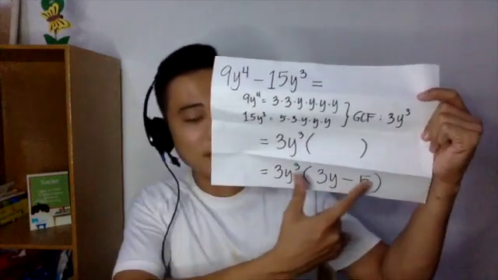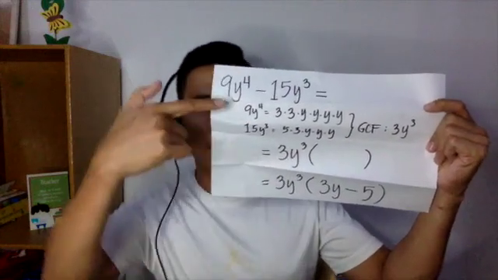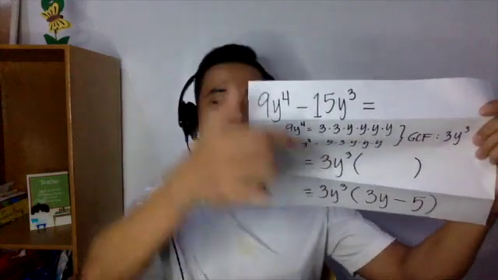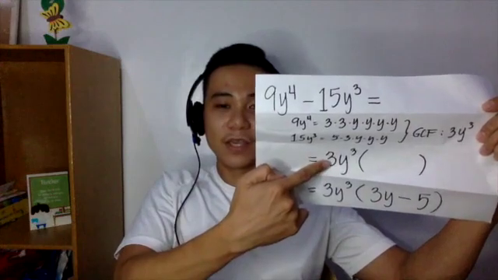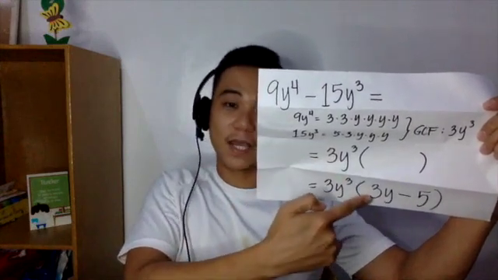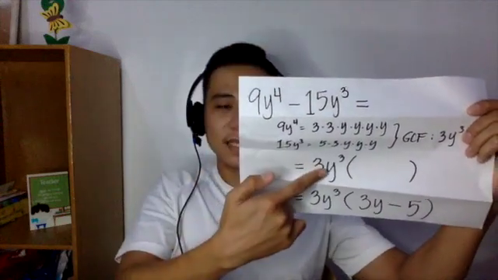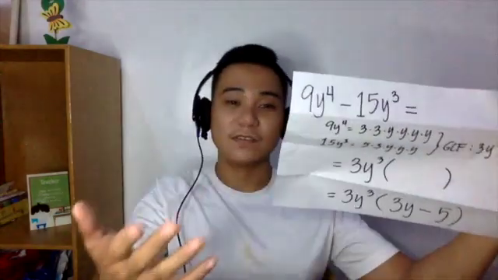If you want to identify the second factor, just simply divide the given polynomials by the GCF. So 9y to the fourth power divided by 3y cubed is actually 3y. And then negative 15y cubed divided by 3y cubed is actually negative 5. So that's how you get the second factor.